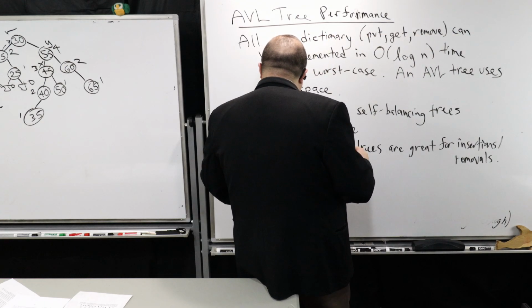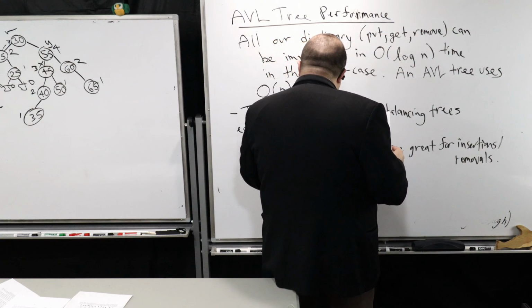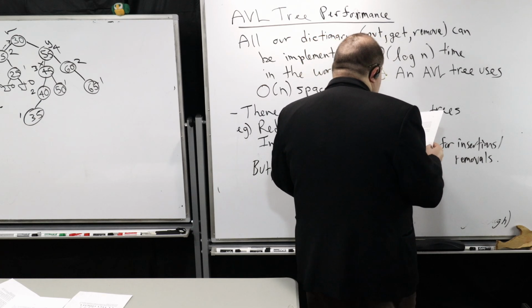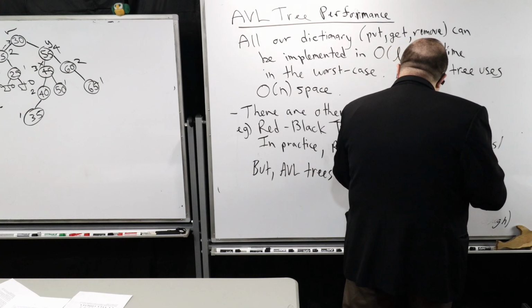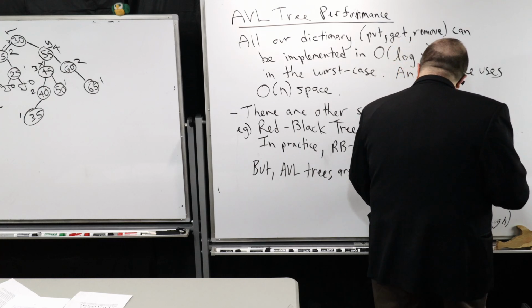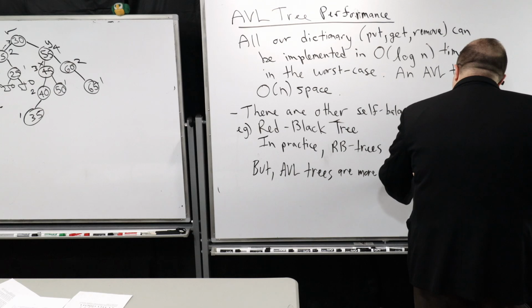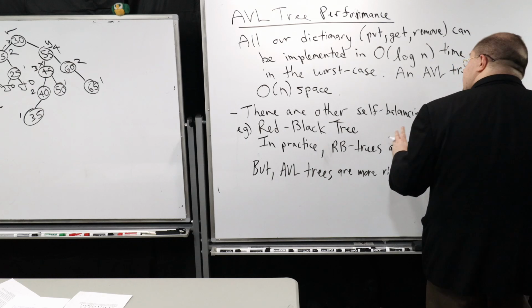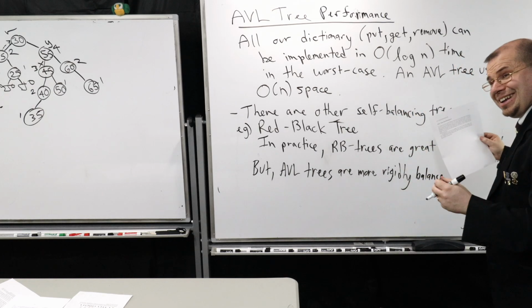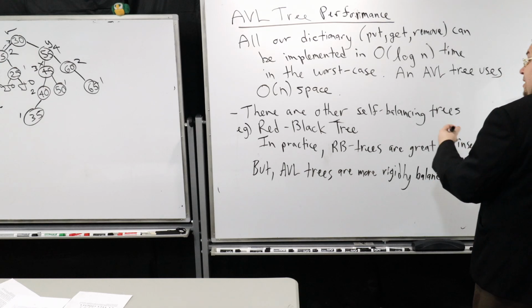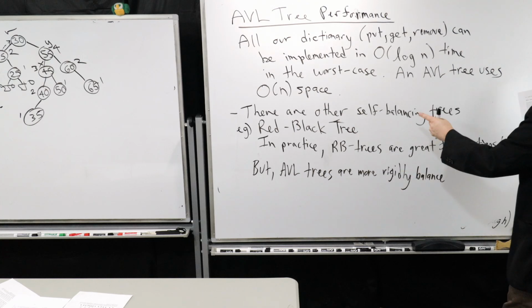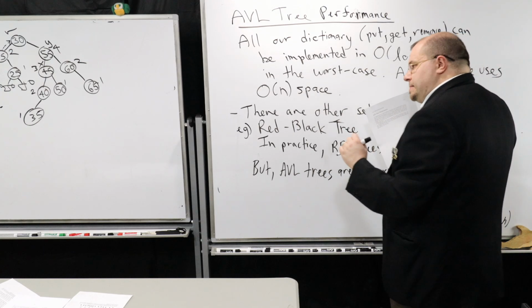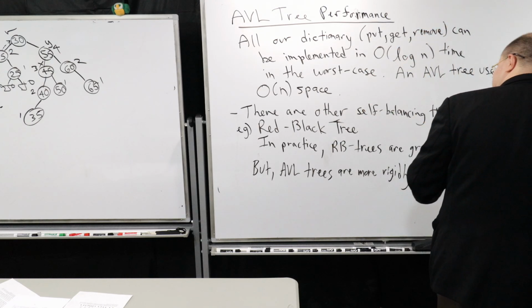But AVL trees are more rigidly balanced. Now, I must stress it's not a perfectly balanced binary search tree, right? But it's not bad at all, like I said. It is better than the red-black tree at being more balanced.